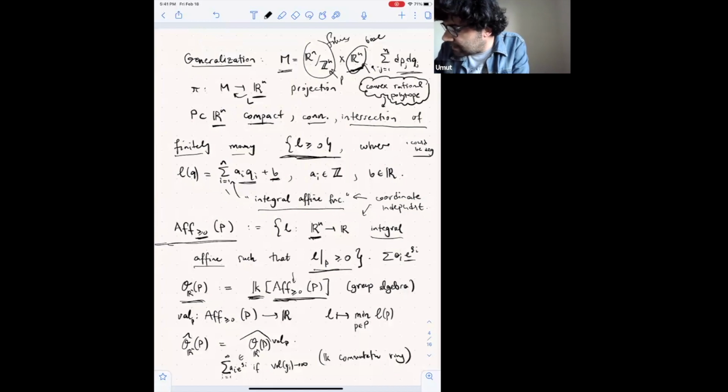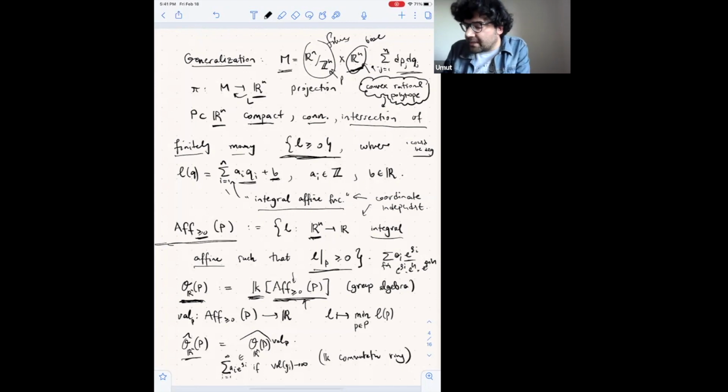And these are finite sums, and you take such finite linear combinations, and the product is defined so that e^G times e^H is e^(G plus H). So this is an abelian group, so I use the plus notation. Okay, so this is just the group algebra. So this is the kind of uncompleted function space that I want to consider.